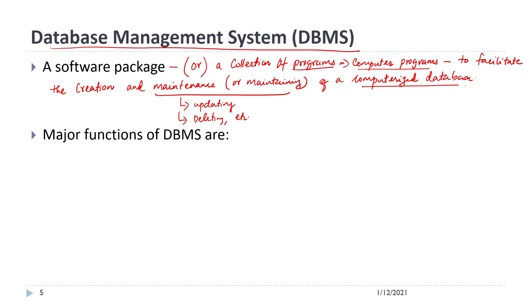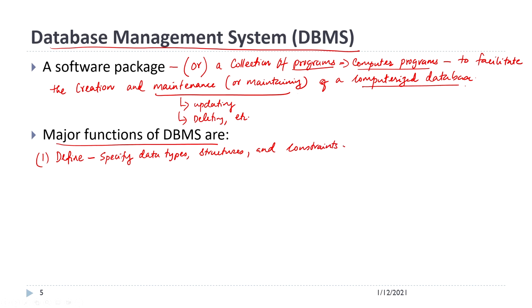What are the major functions of a DBMS, or database management system software? Number one, the first major function is define. You define, specify data types, structures and constraints. So, one of the first functions is defining the data.